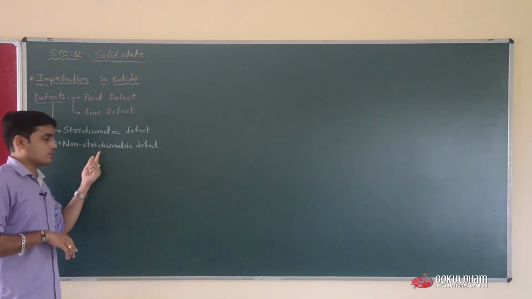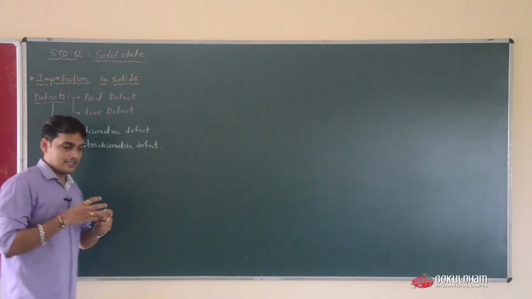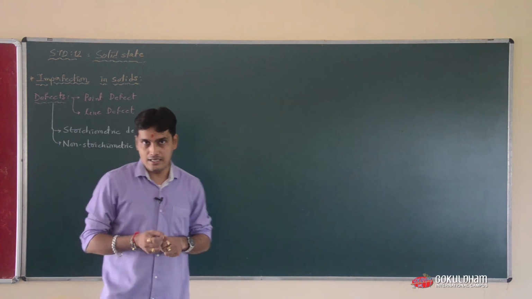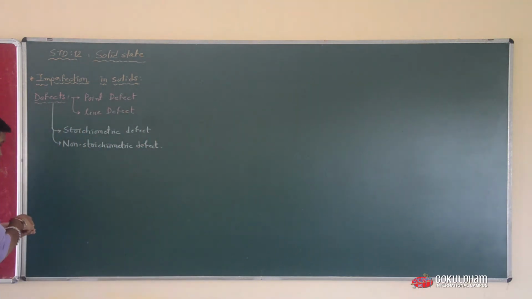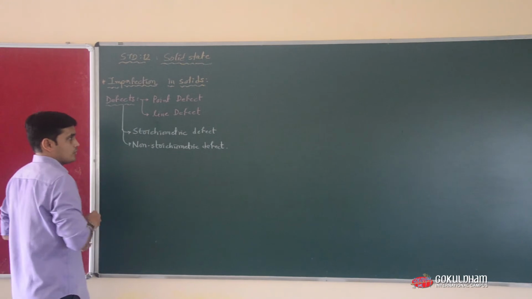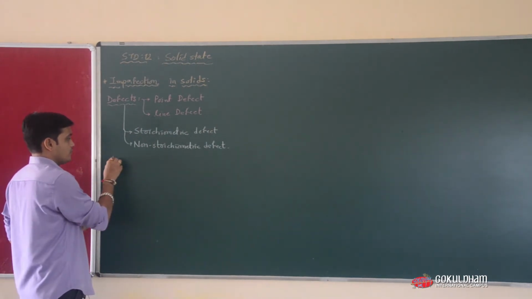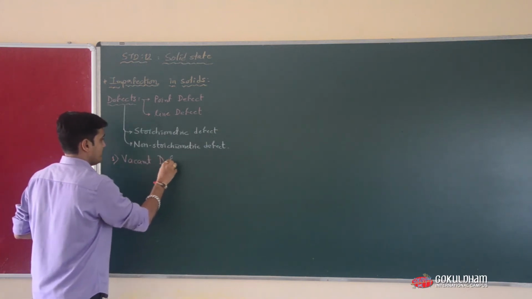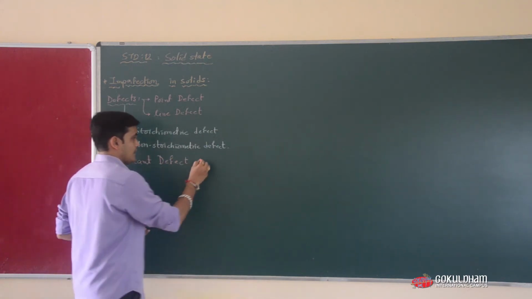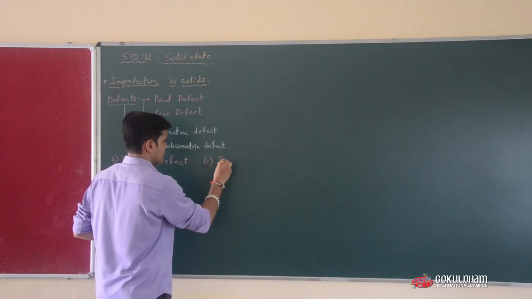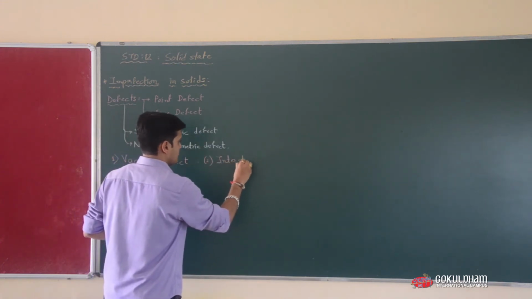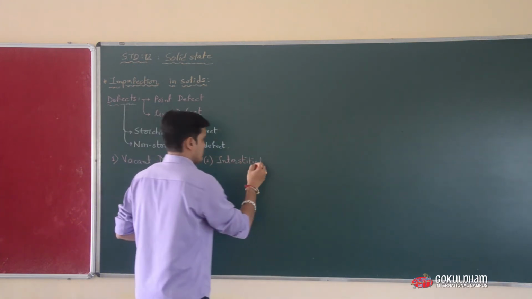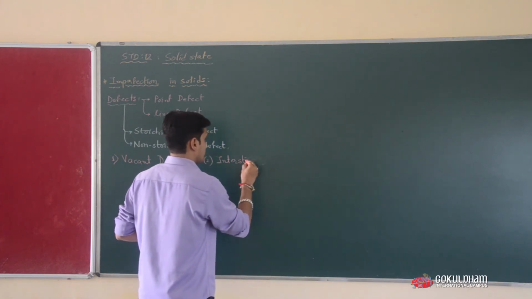But in non-stoichiometric defect, there is a change in the number of positive and negative ions. So in our first category, stoichiometric defect, you will see vacant defect, and the other one is interstitial defect.